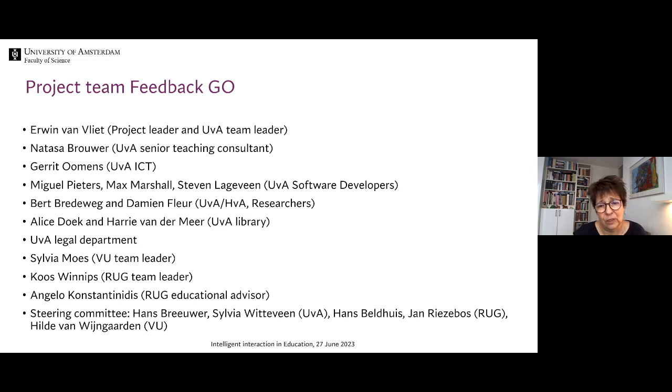We also have a steering committee and the library, which is also very important because when using materials, it's good to collaborate with the library about what is allowed and what is not allowed, and how to deal with this.